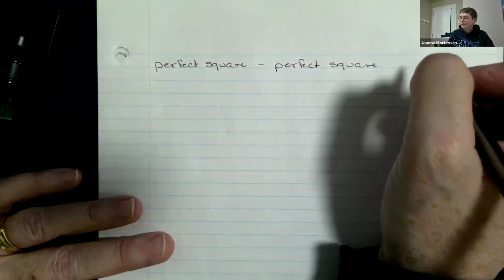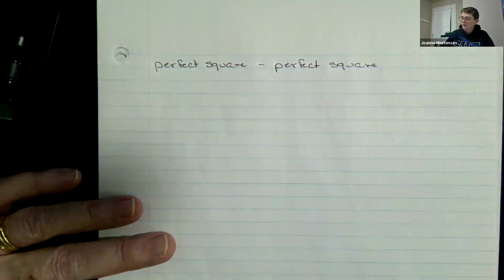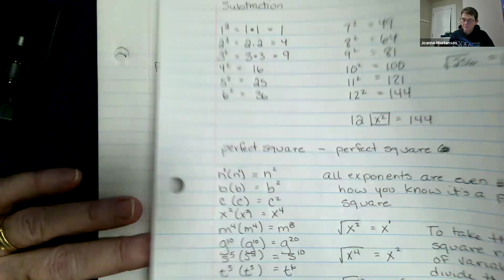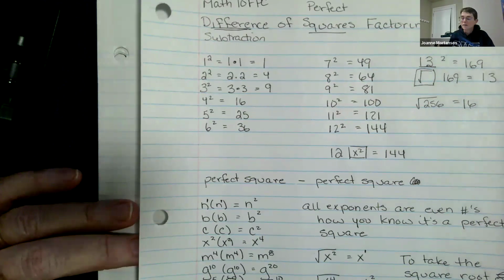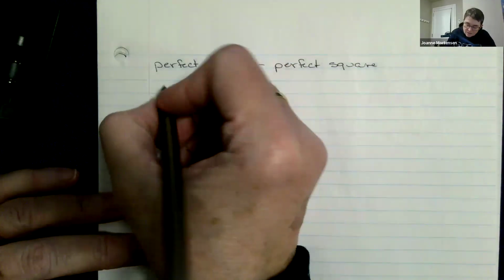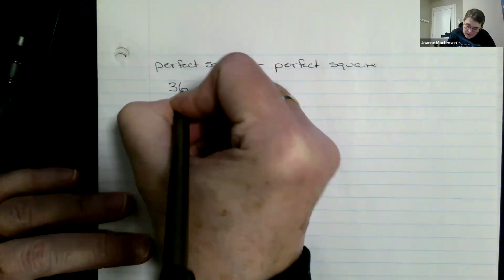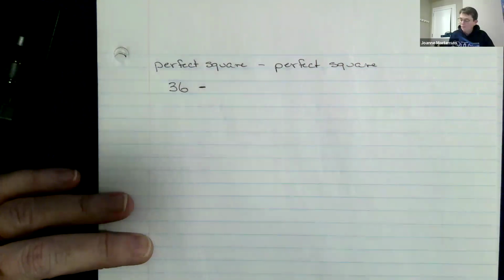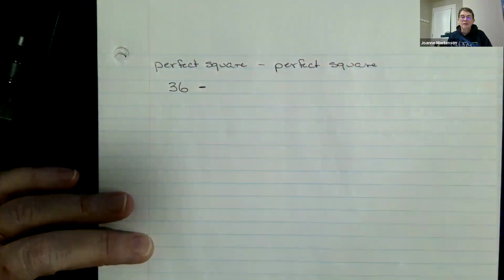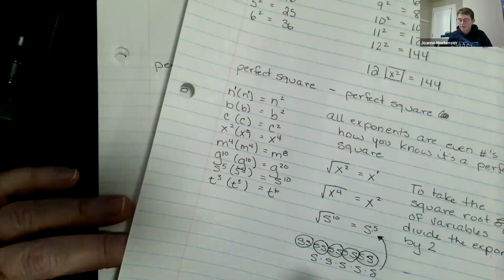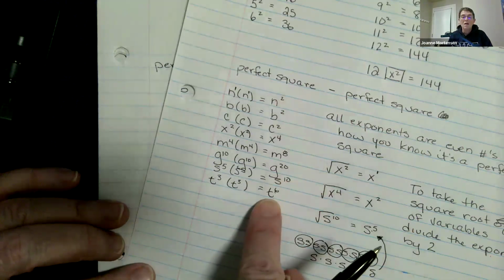So I'm going to start with one of my perfect squares. Let's say 36. 36 is a perfect square. And then I need a subtract sign. And now I need some variables. So I can pick anything I want off my list.